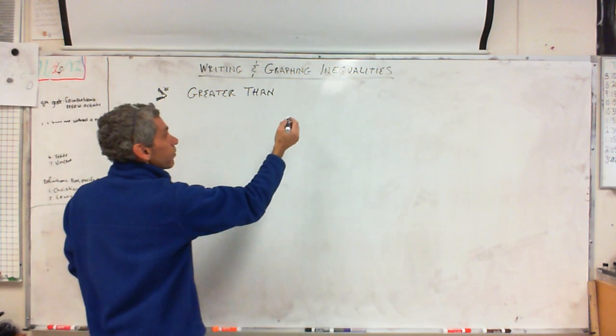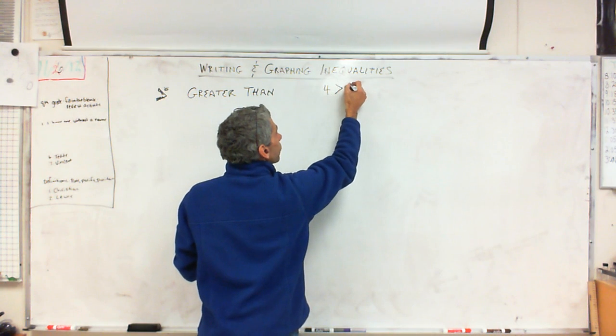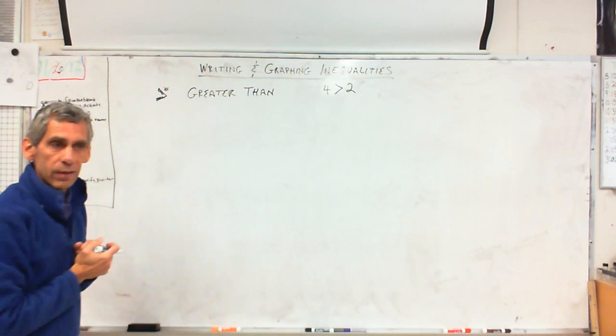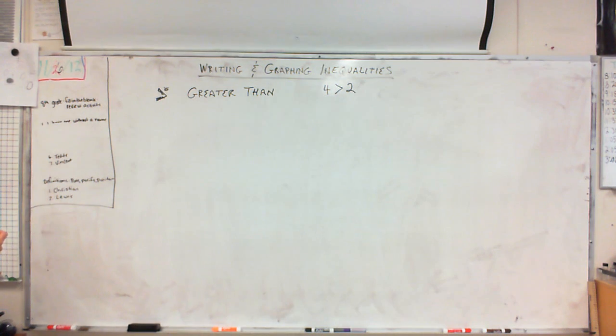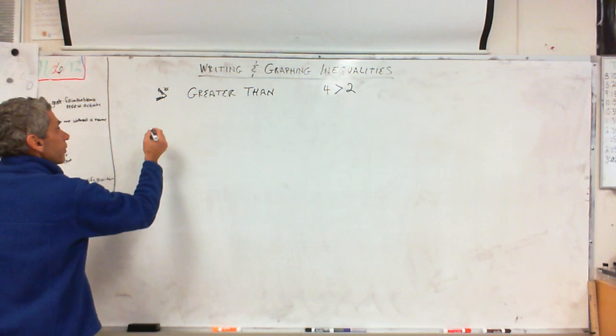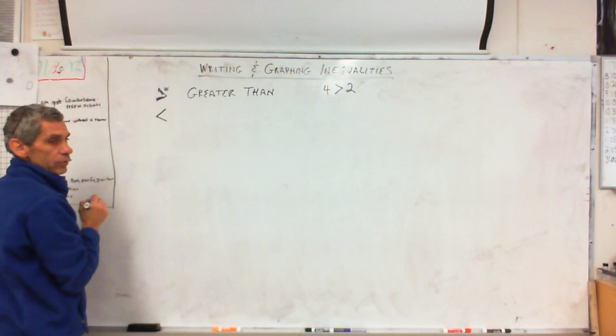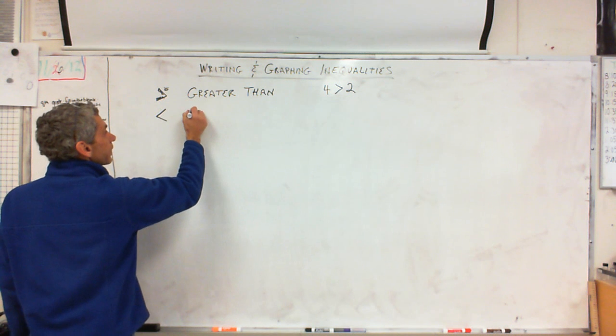An example would be this: 4 is greater than 2. That's what that means. Now you have this kind of sign. It's just the reverse, and that's less than.